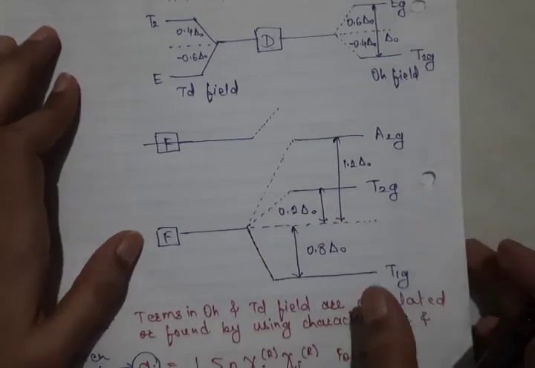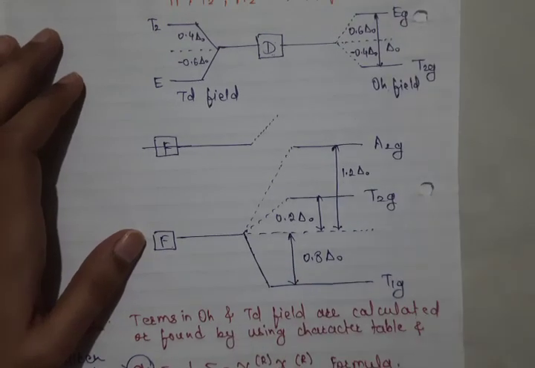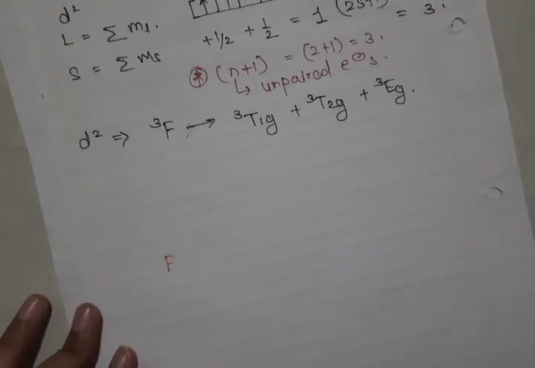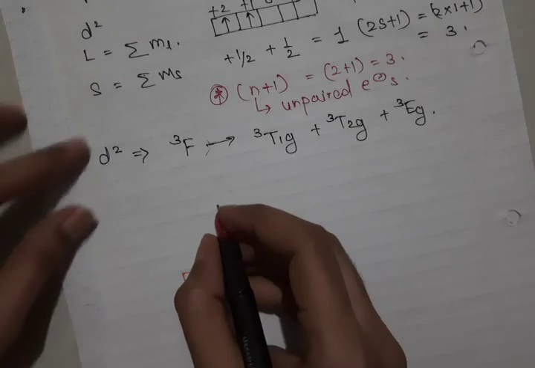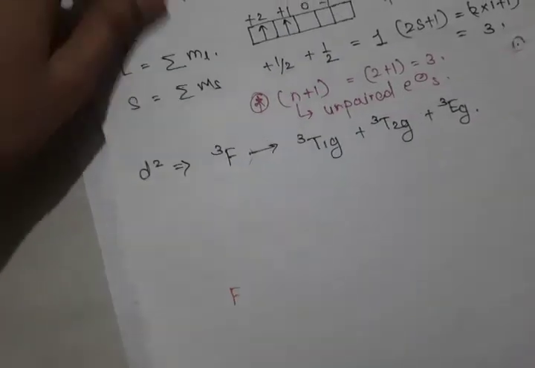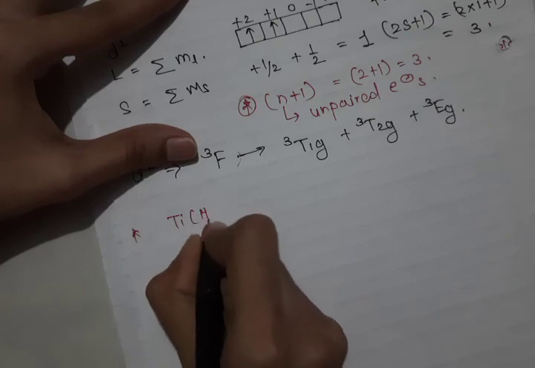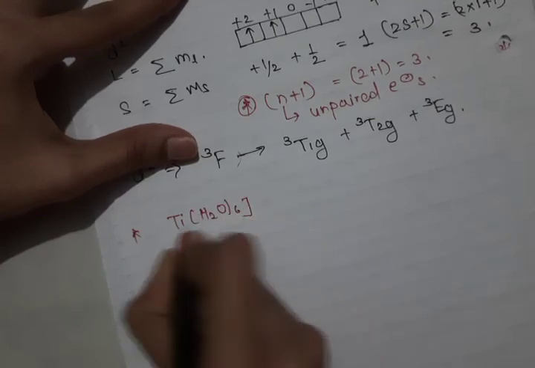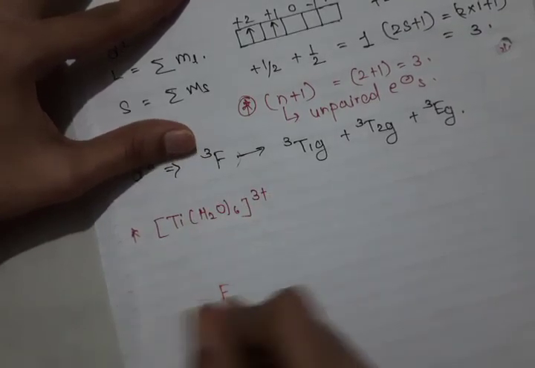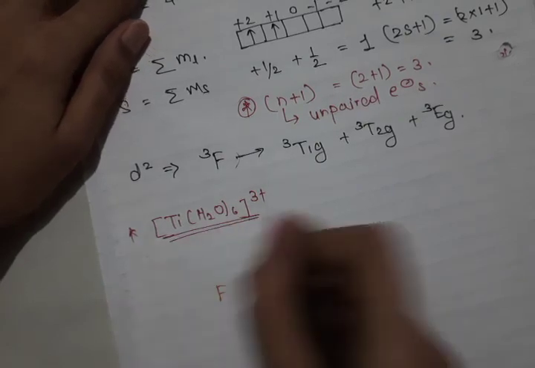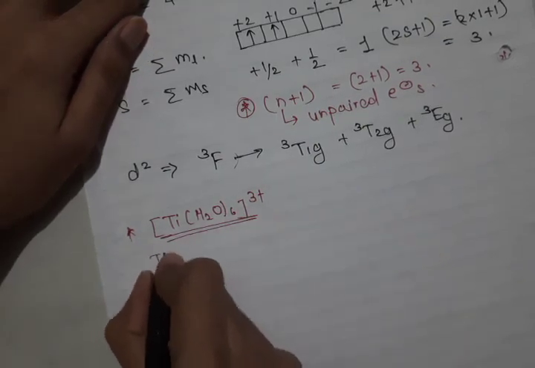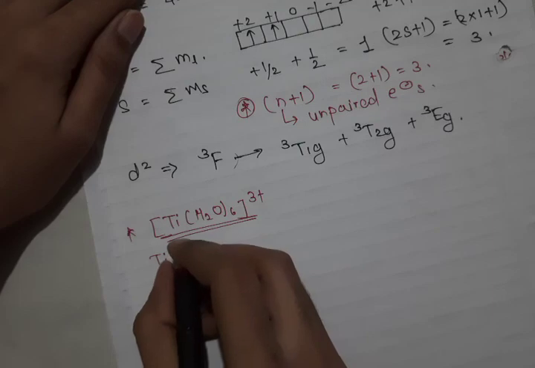Now we'll take one more example of titanium. Take one more example: titanium H2O6 3+. So how to solve this? Just write down the titanium electronic configuration.